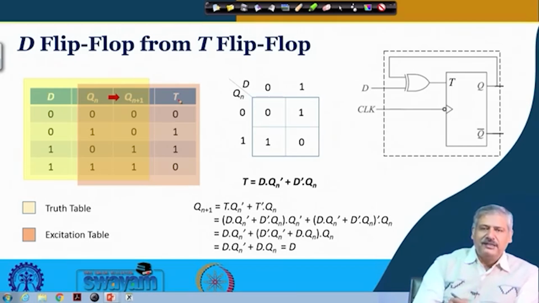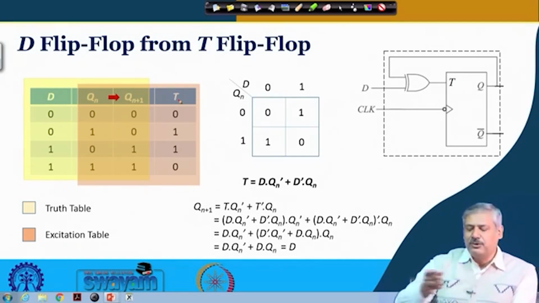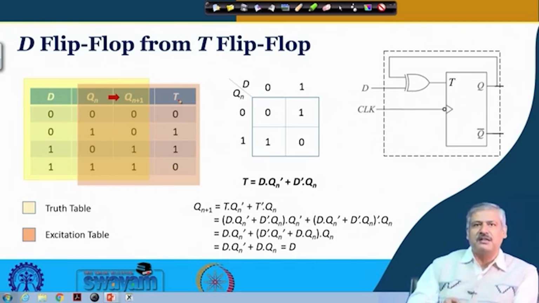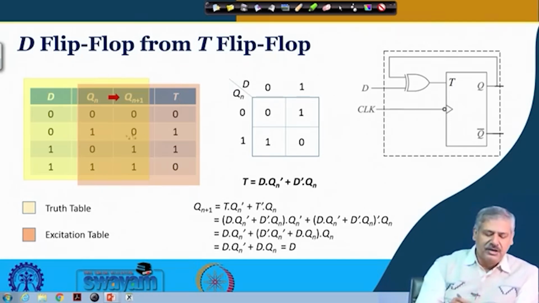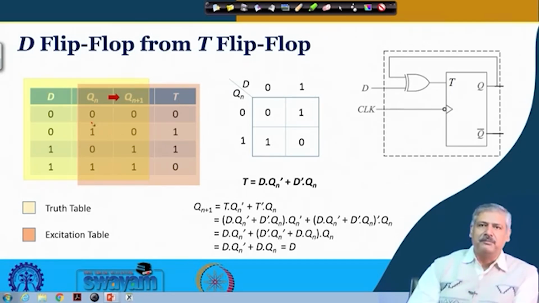At that time, at the T flip flop input, because inside there is a T flip flop, as a whole the block, T flip-flop plus some additional circuitry, behaves like a D flip-flop. So, inside whatever T flip-flop we have put, what should be the input in these 4 cases that we have seen in the D flip-flop truth table? So, that we figure out.